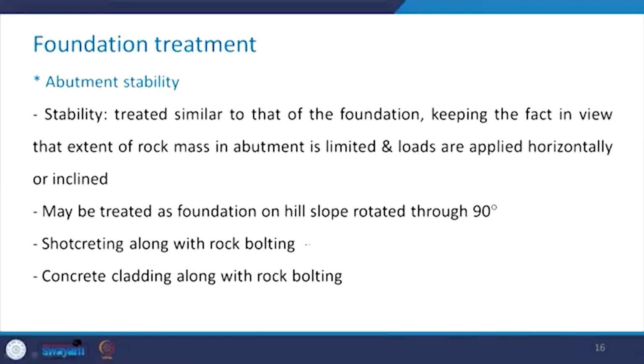So, these may be treated as foundations on a hill slope rotated through 90 degrees. So, whatever measures you have learnt for the slope stability analysis can be applicable in case of the abutment stabilization. This can include shotcreting along with rock bolting, and sometimes when this does not work, one can go for concrete cladding along with rock bolting.